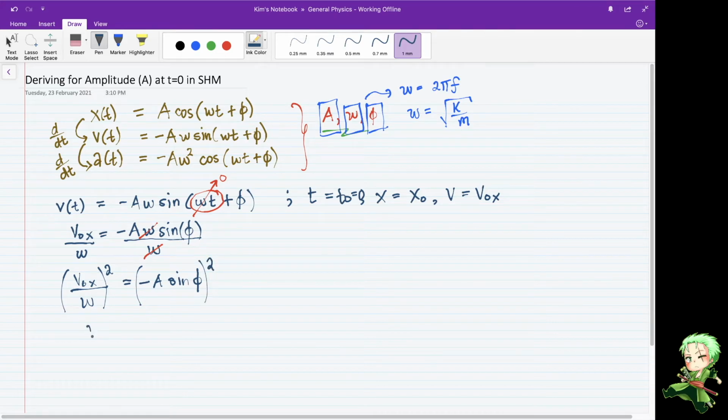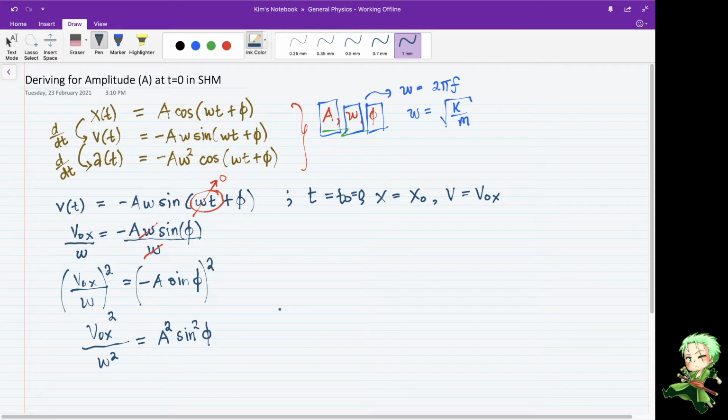We will have v naught x, since this is velocity on x, squared divided by omega squared, and on the right hand side this will be positive now, it's A squared, and then we have sine squared of phi.